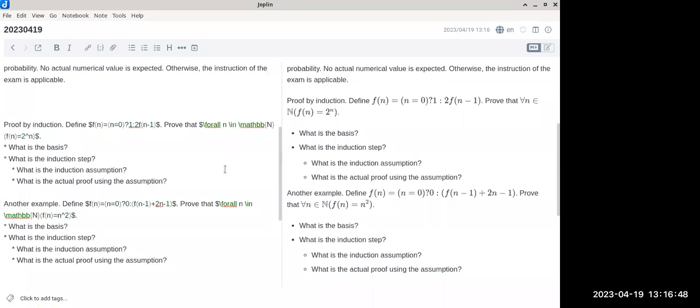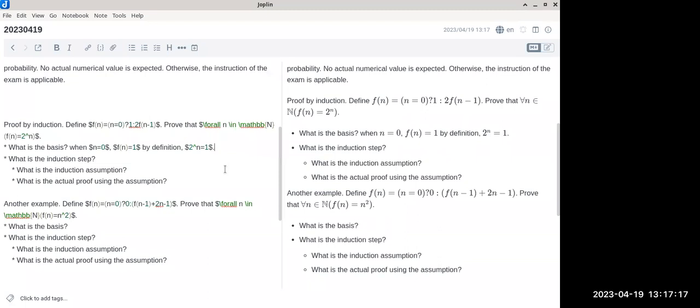So when n equals 0, then f of n is 1 by definition, and then 2 to the power of n is also 1 because of the power function.